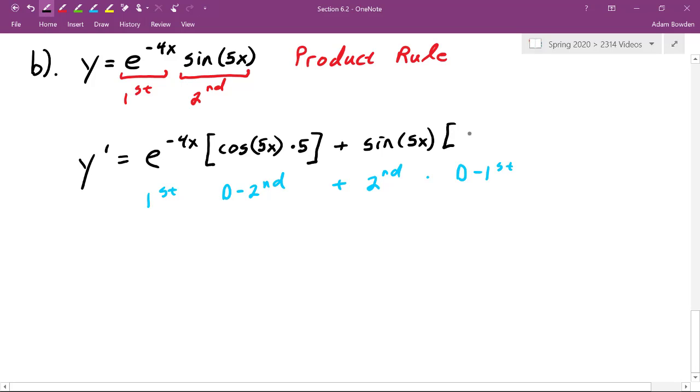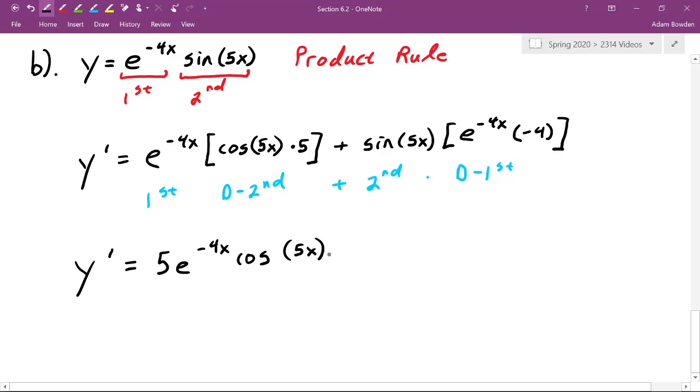Derivative of e to the negative 4x would be e to the negative 4x, but then multiplied by the derivative of what's on top, which would be negative 4. So at this point, it's just a matter of trying to simplify it a little bit. The first part, you change that into 5e to the negative 4x cosine of 5x minus 4 e to the negative 4x sine of 5x.